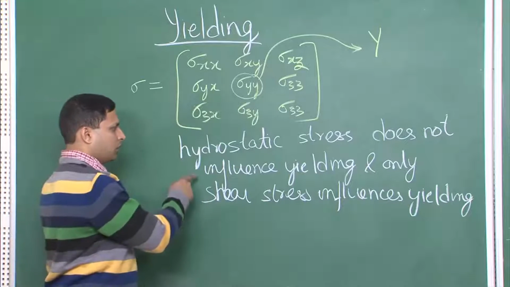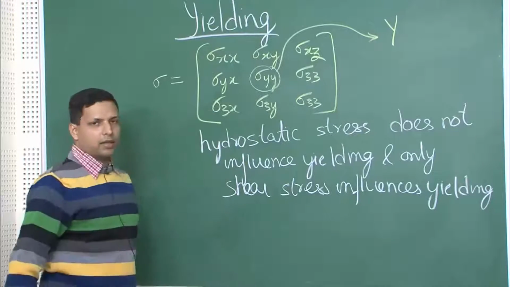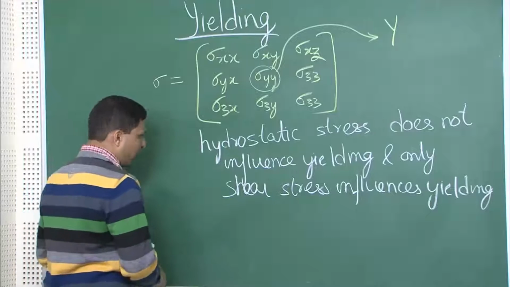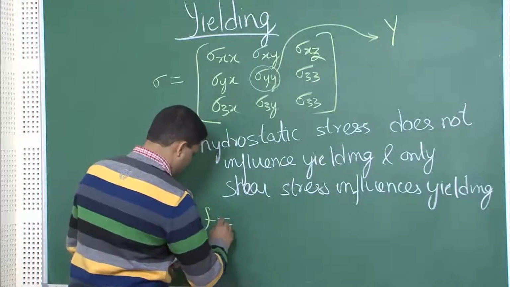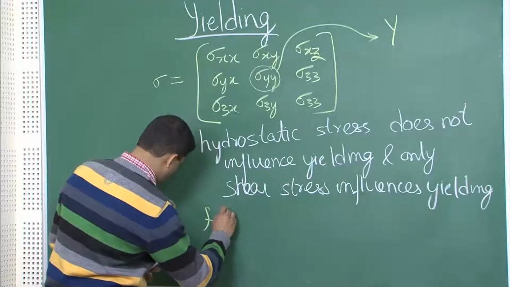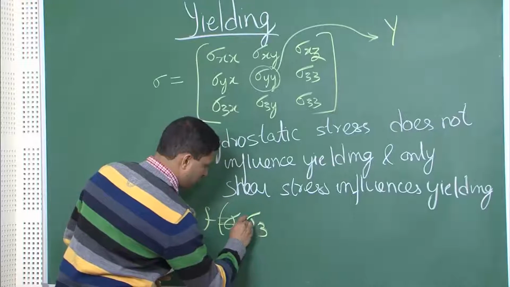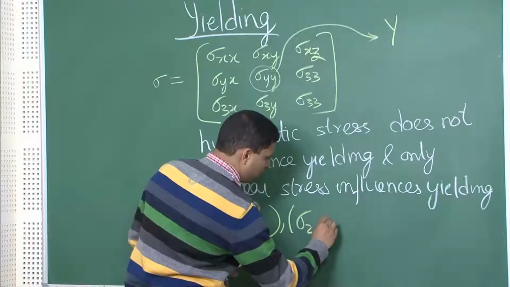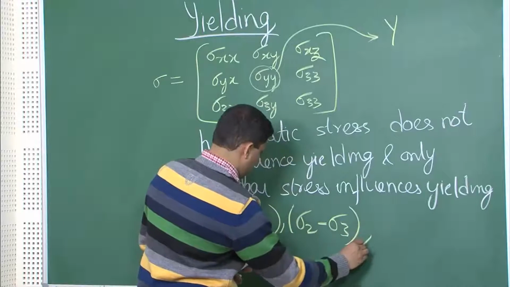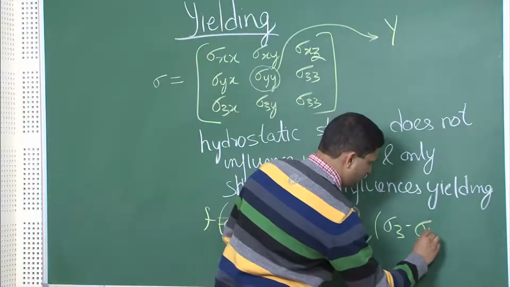If we take this statement into account, then we can say that this is a function of shear stress, let us not write it like this: sigma 1 minus sigma 3 as a function of sigma 2 minus sigma 3 and sigma 3 minus sigma 1.